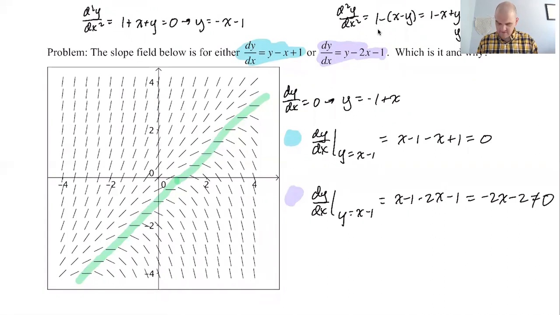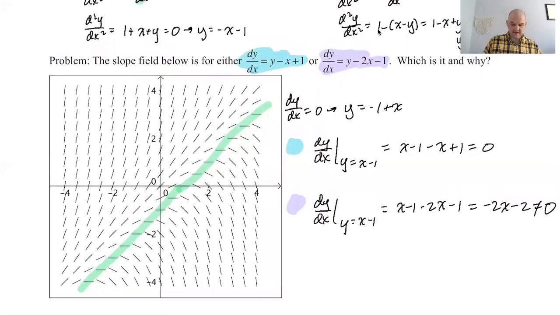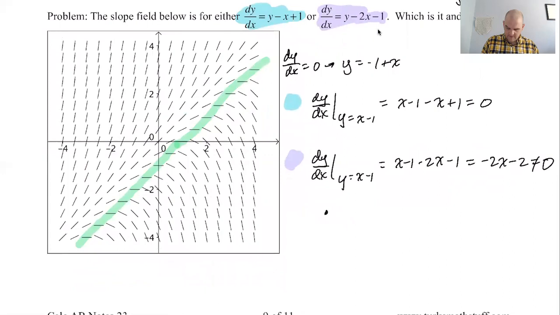So that's definitely not it. So we were able to identify this just based on that. So based on this, therefore, dy/dx is definitely y minus x plus 1.